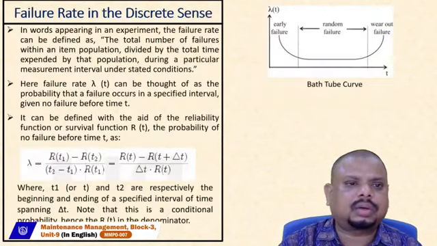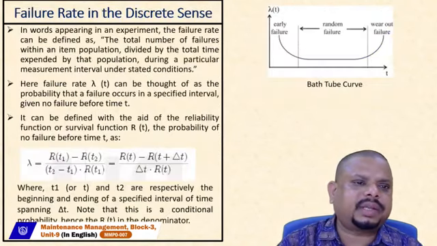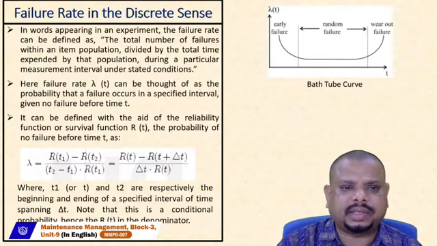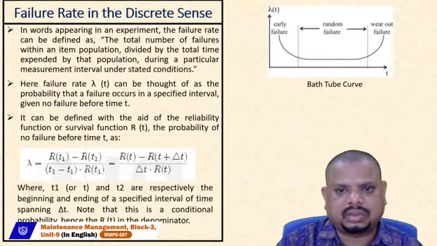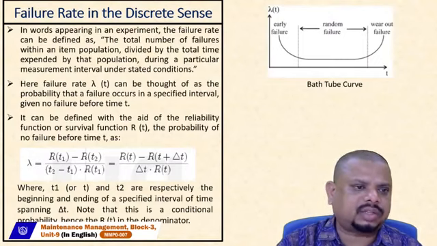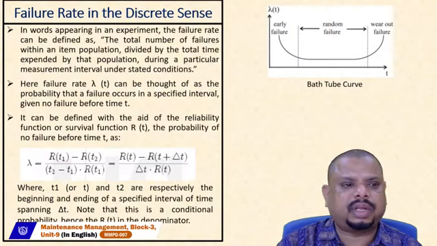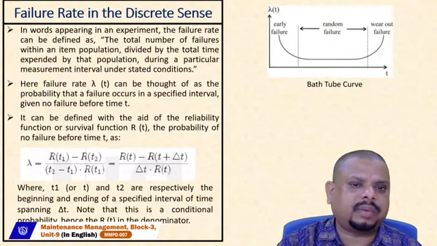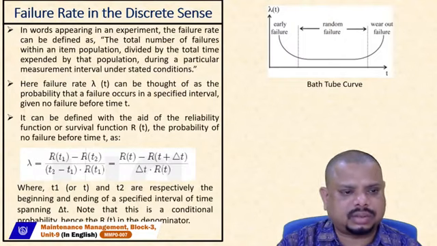Moving to the next one. The next one is failure rate in the discrete sense. So let's understand the different aspects of the discrete sense in case of failure rate. In an experiment, failure rate can be defined as the total number of failures within an item population divided by the total time expended by the population during a particular measurement interval under stated conditions.